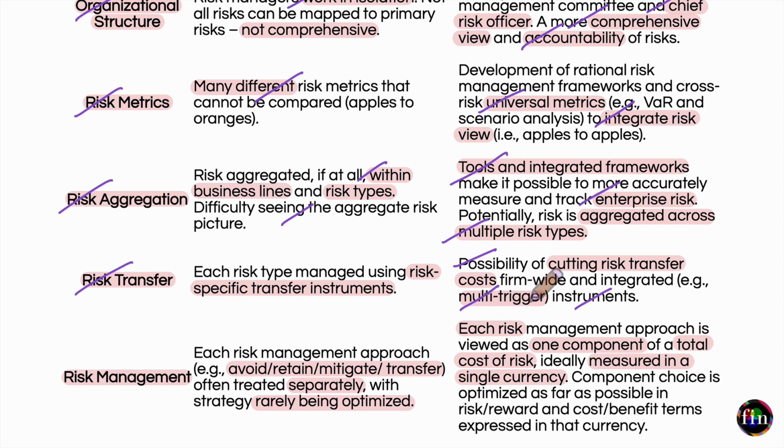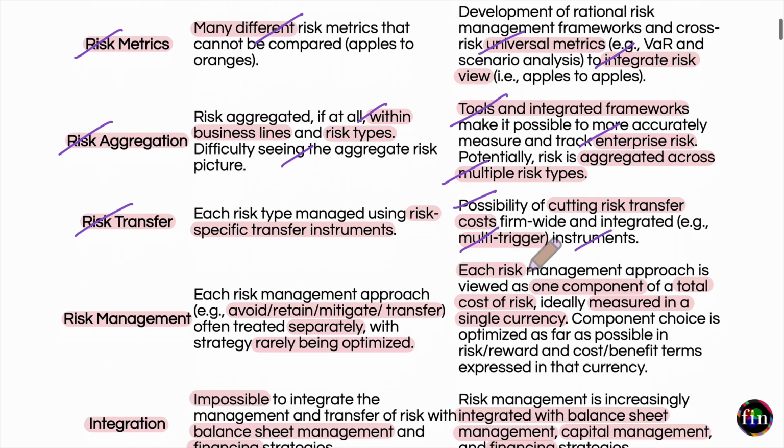Instruments which can give you very flexible, very broad-based protection across multiple risk types and across multiple risk triggers. We'll talk about one such instrument as we keep moving forward in this chapter.